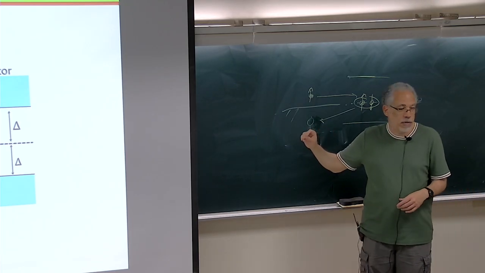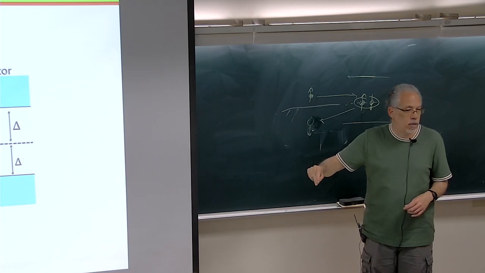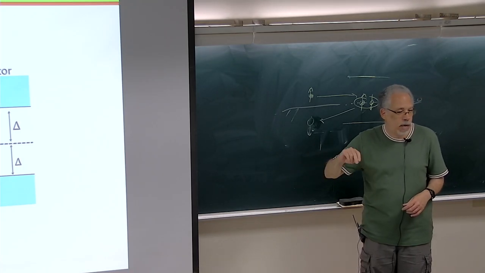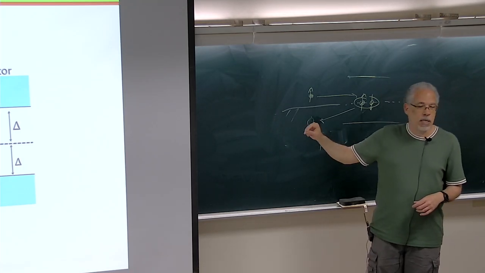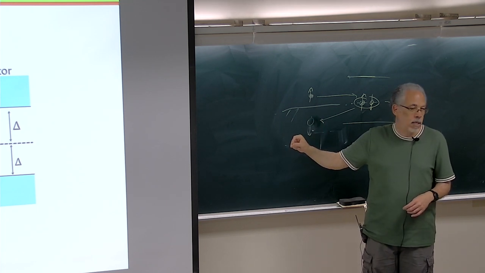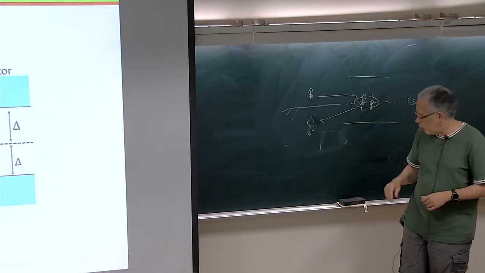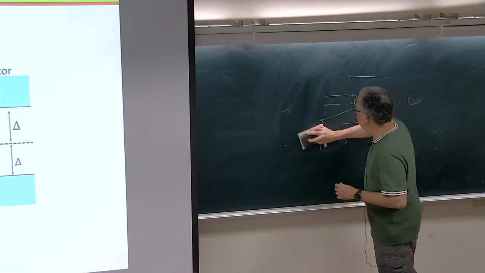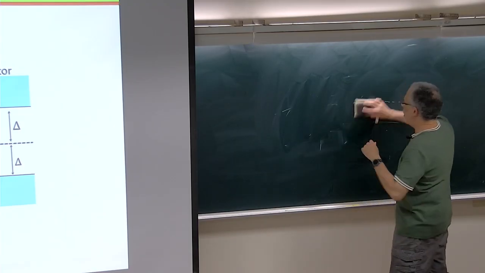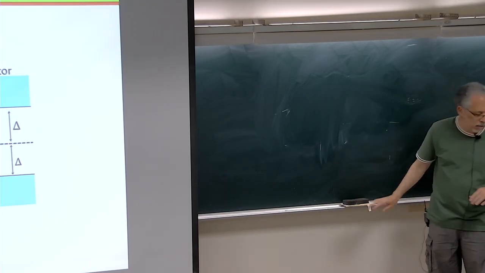If you have a superconductor, you can use this to measure the spin polarization of materials. Why? Because this Andreev reflection is going to be suppressed if you have polarization. So let me put here a simple example, an extreme example of a half metal, in which you have only one spin population.